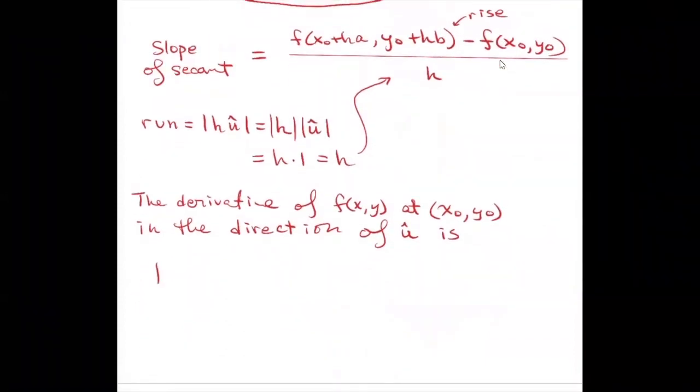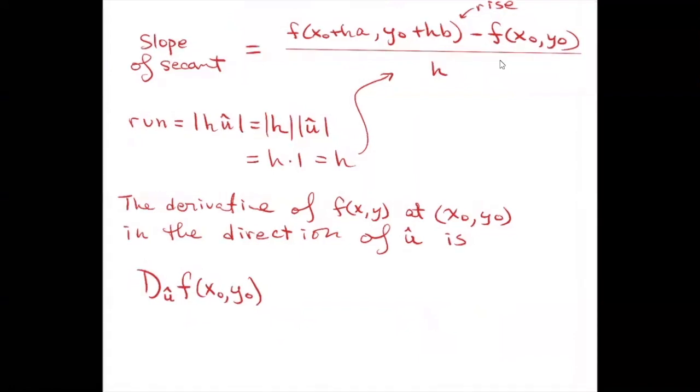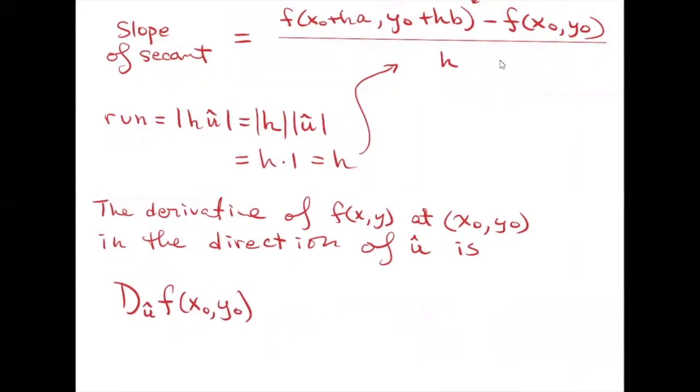So this will be called d with a little u at f at x naught, y naught, like that. And we just need to take a limit on this secant.